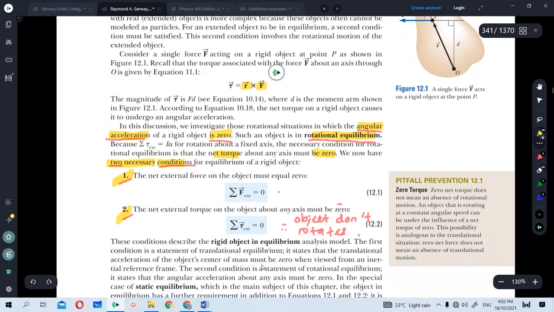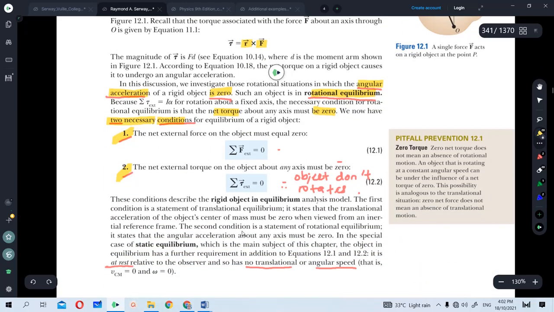Now, the second one is that the object must as well have, remember earlier, angular acceleration 0, hence the net torque, the summation of torque, would be 0. So that the object does not rotate, neither moves translationally. It means it does not move to the right, left, up, or down, and also does not rotate.